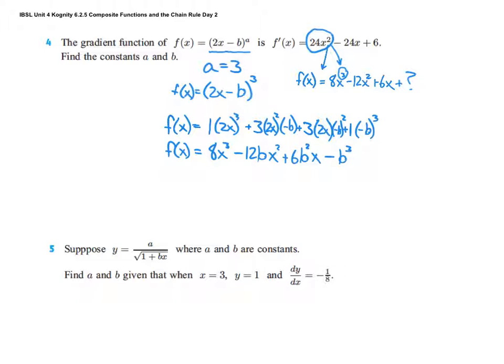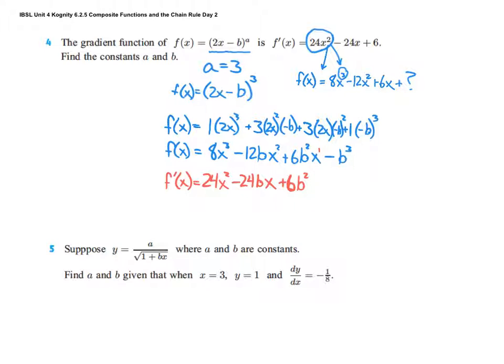Now, since I know what f of x is in terms of b's, what is f prime of x? 24x squared minus 24bx, plus 6b squared. Yeah, notice b is a constant, so you do the 1 from the x, okay, and then plus 0, because the last term is a constant.